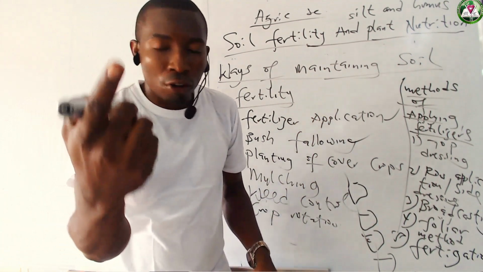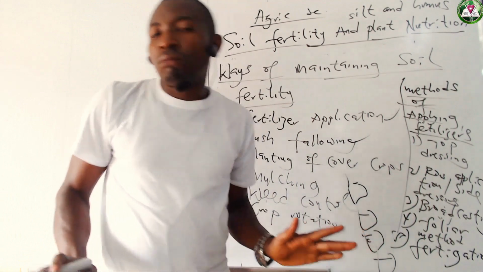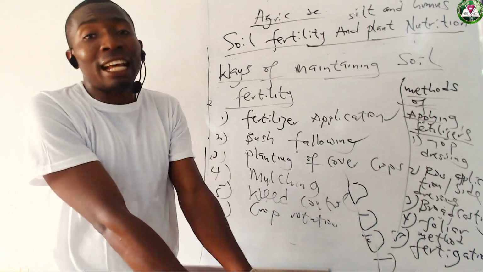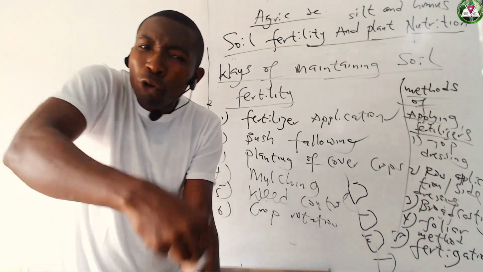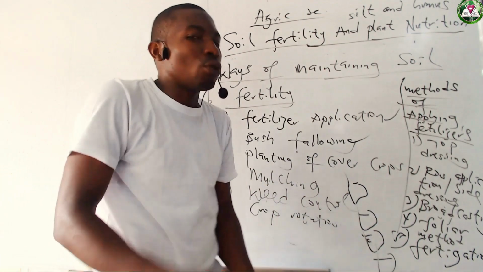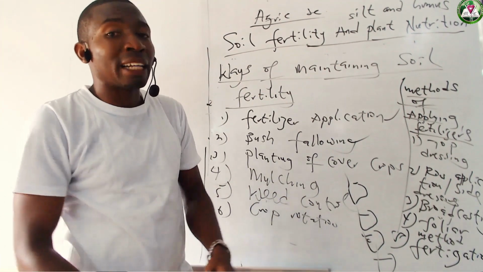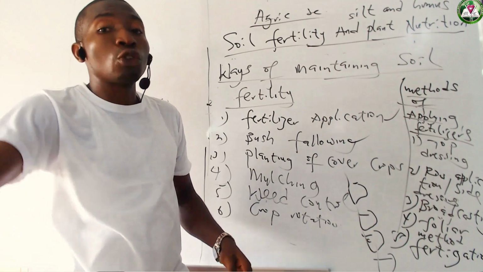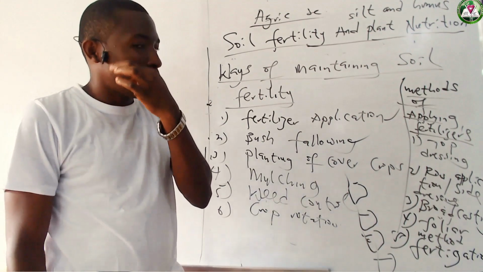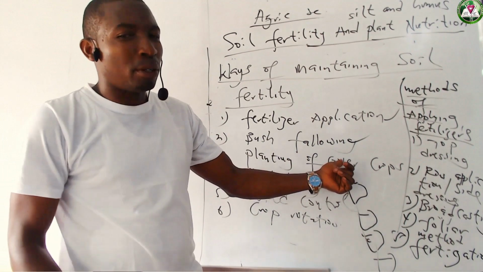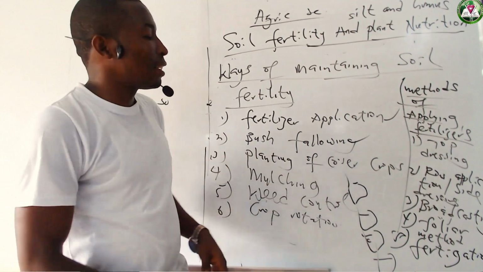Remember, when you plant cover crops, you don't need to add manure. It's of no use adding fertilizer, because the root nodules of those cover crops fix nitrogen in the soil with the nitrogen fixing bacteria, talking about your azotobacter, your nitrosomonas, and all that. So the root nodules of these cover crops are in symbiotic relationship with those bacteria in order to fix nitrogen.